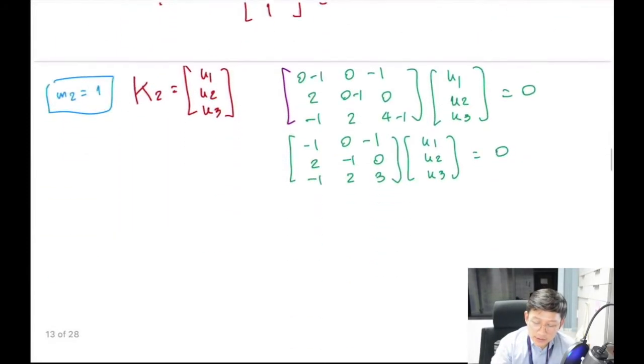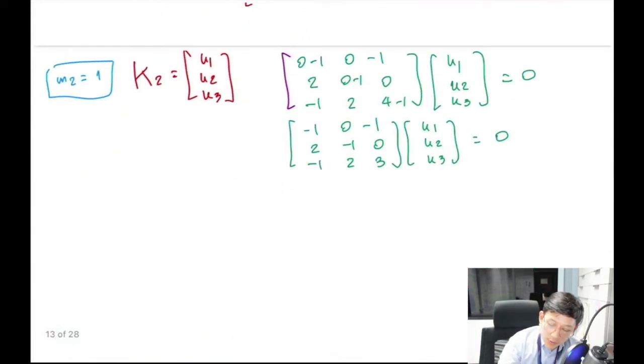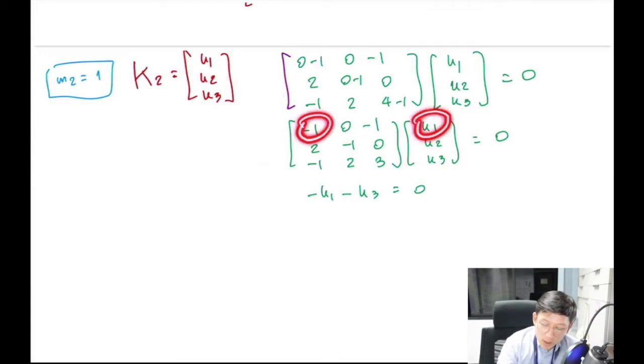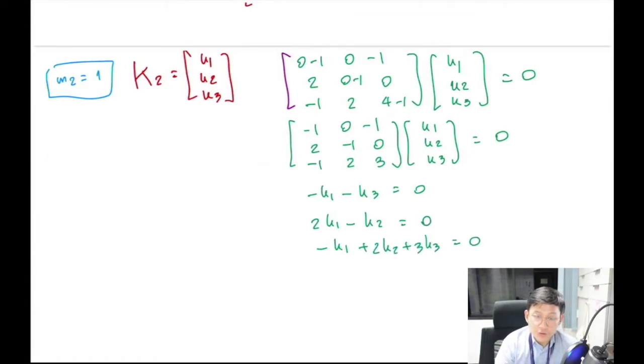Then you get the system of linear equations. So you get minus k1 minus k3 equals 0. It's from this row times this column. So you get minus k1, 0 k2, and then minus k3. After that, you get 2k1 minus k2 equals 0, and then minus k1 plus 2k2 plus 3k3 equals 0.